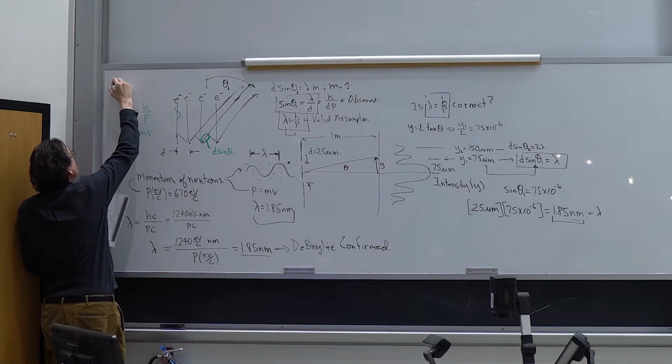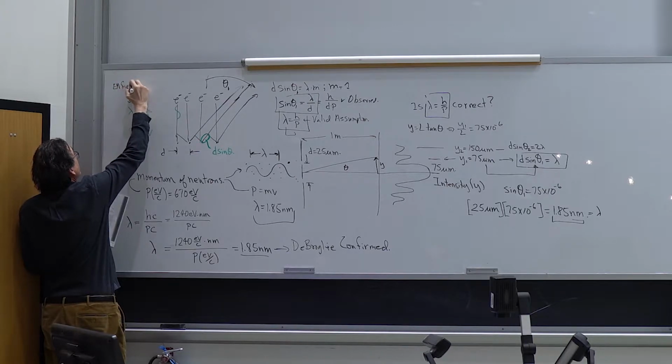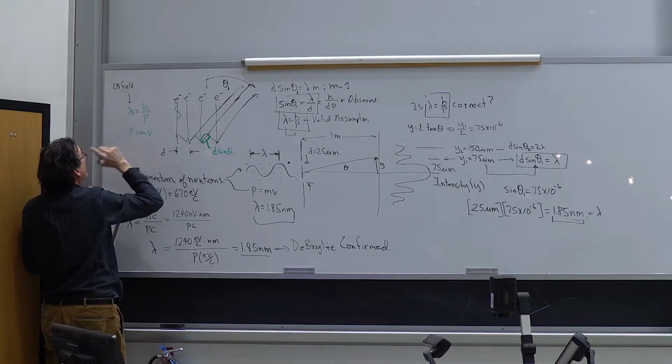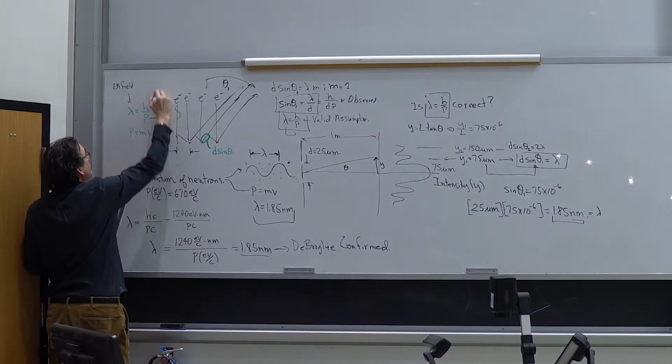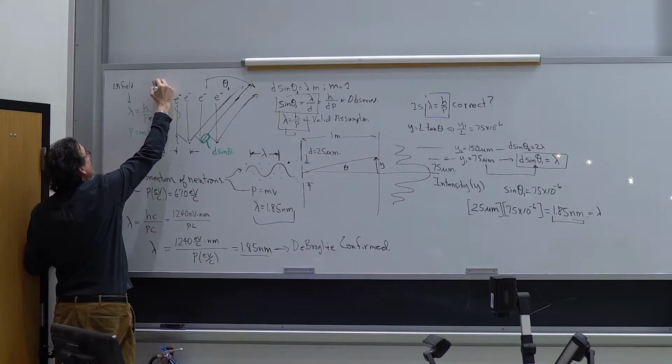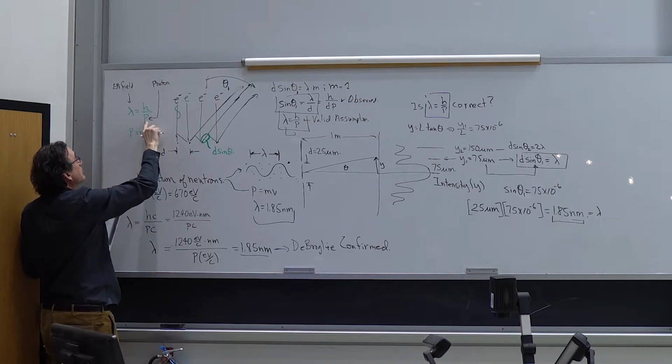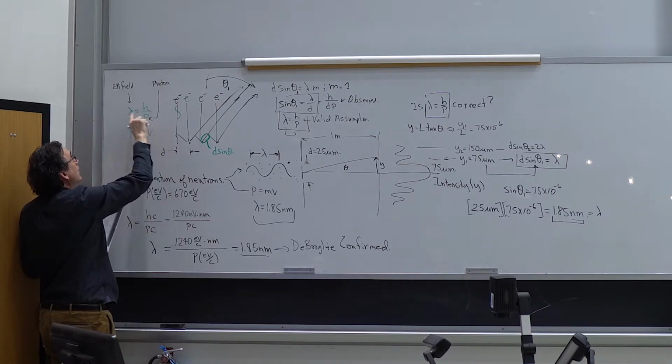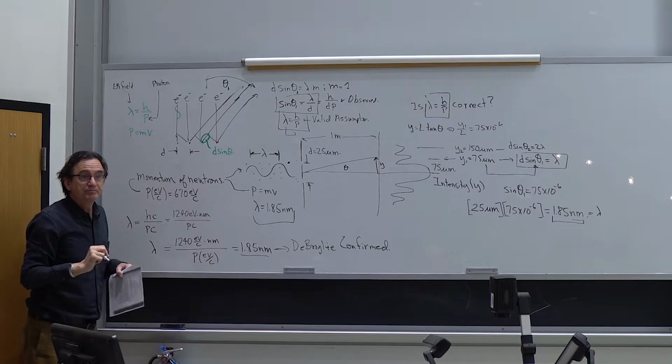This is the EM field. And p is the momentum of the particle, the momentum p for the photon. So the equation relates the particle property of momentum to the wavelength of the electromagnetic field.